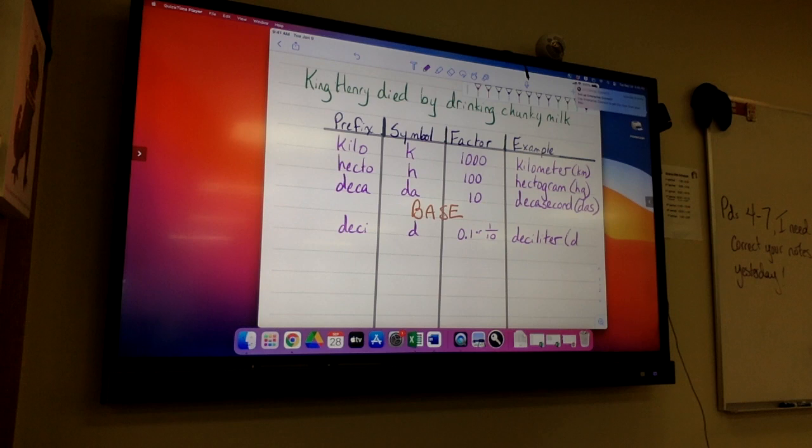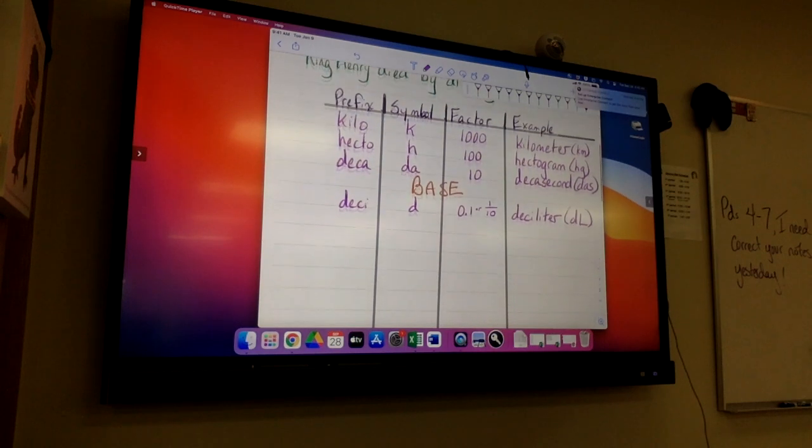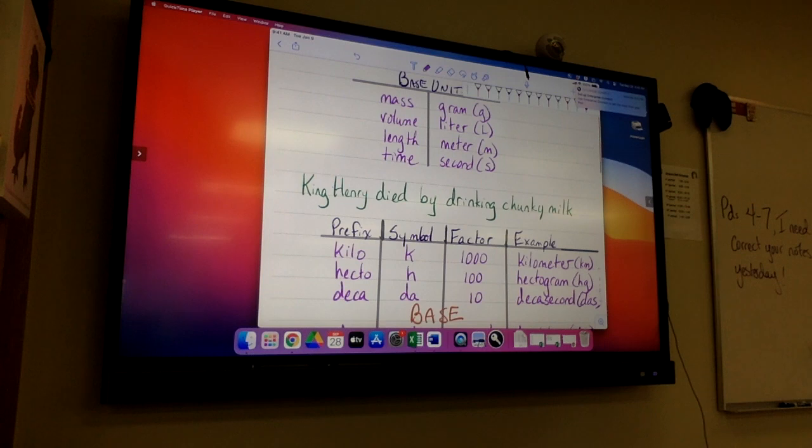D, D, capital L. Look up at your abbreviations. Why do you think they use a capital letter there? I'm sure there's a better reason, but we confuse L's and I's all the time. And so you know for sure that it's an L that way.